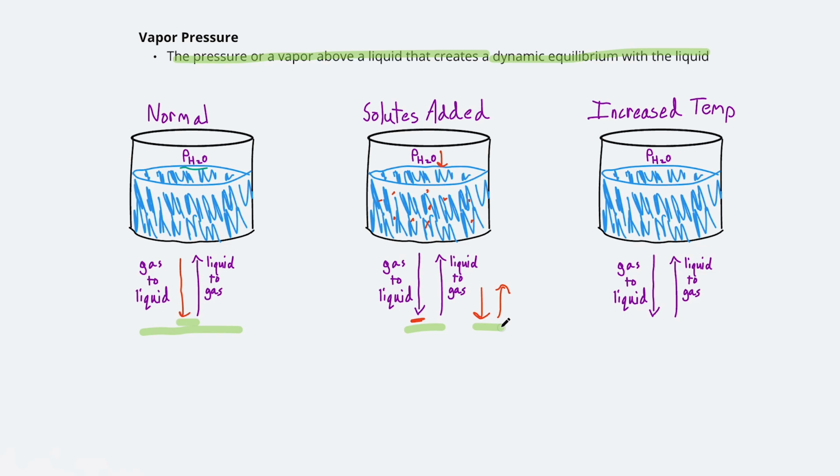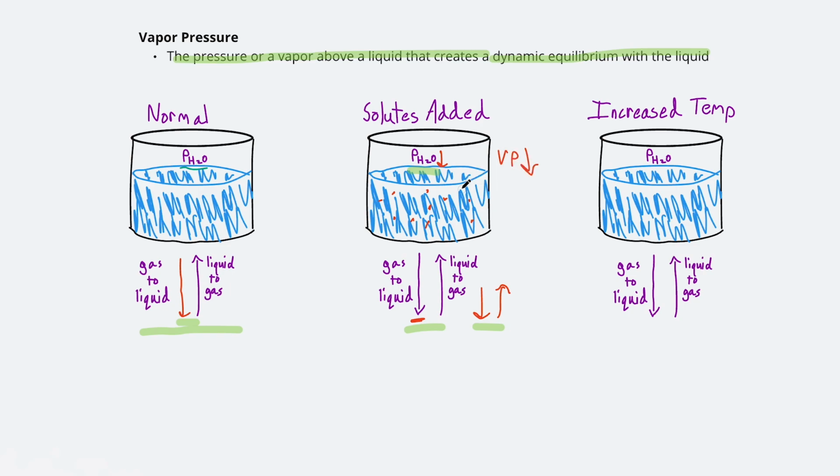In other words, the equilibrium gets reestablished after we add the solutes. And once that equilibrium is established, ask yourself, what's the pressure of my H2O, my water vapor? We said the water vapor pressure is going to go down because more gas became liquid. So by adding solutes, the vapor pressure goes down.